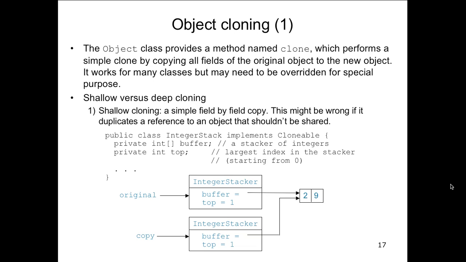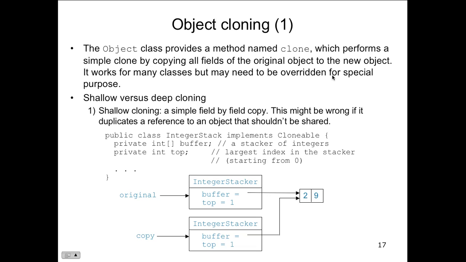So we can prevent bad clones from being created by using some exception handling. The Object class provides a method named clone, which performs a simple clone by copying all the fields of the original data to the new object, and it works for many classes but may need to be overridden for special purposes.